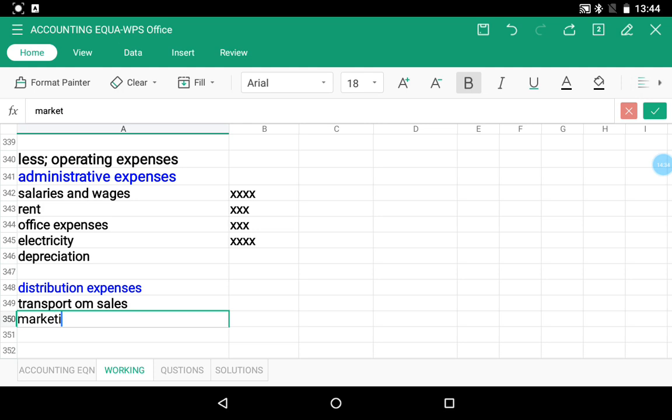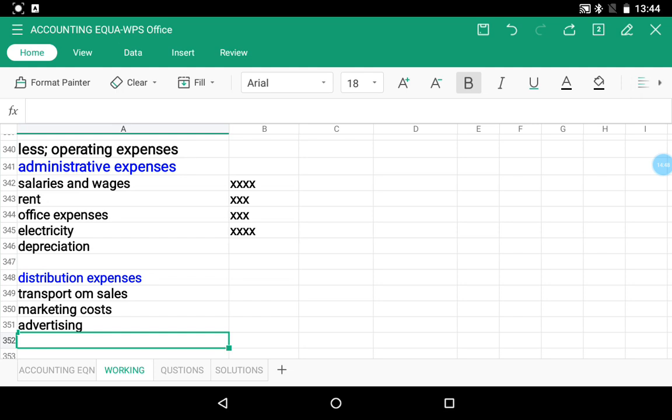We have marketing costs, the costs you incur while marketing your product. We have advertising. Of course, advertising is still under marketing. We have discount allowed.